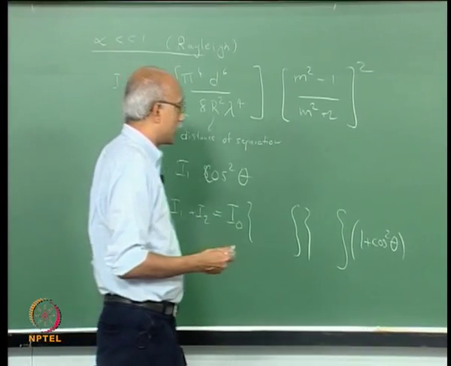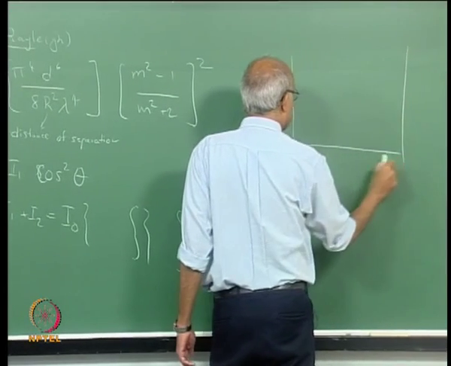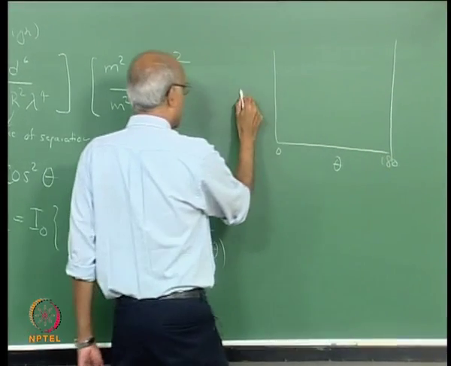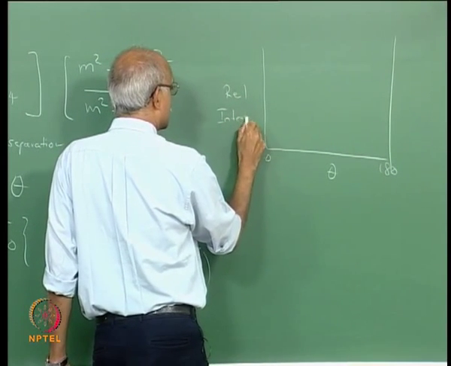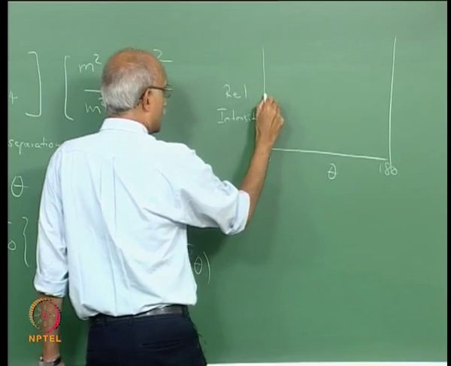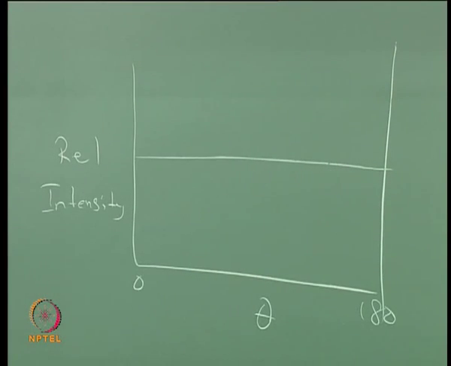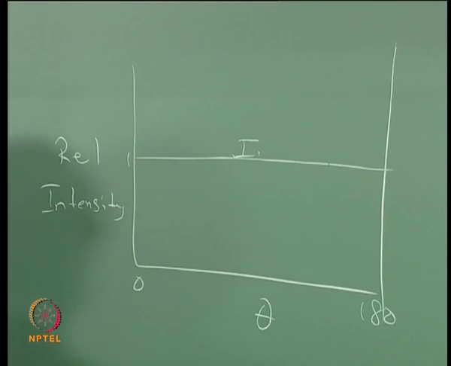Now if you plot this as a function of theta, so theta goes from 0 to 180, and let's say that you are plotting a relative intensity here. I1 will essentially have a constant profile with respect to theta. Let's say that this is 1.